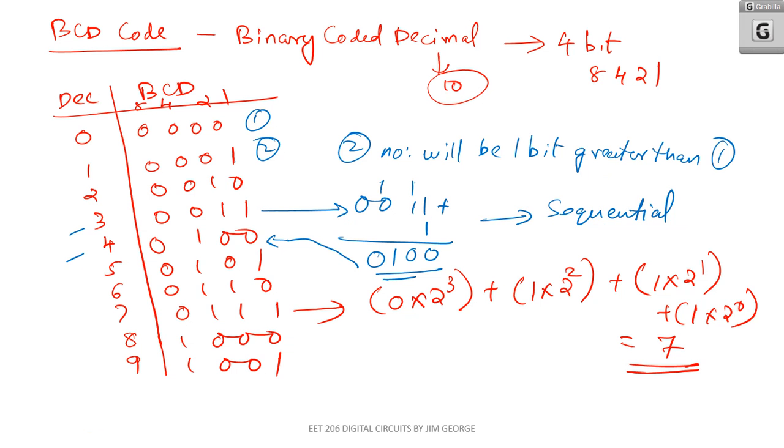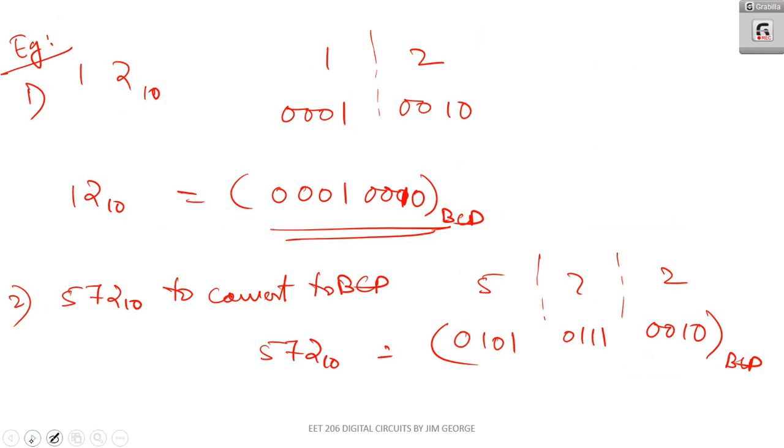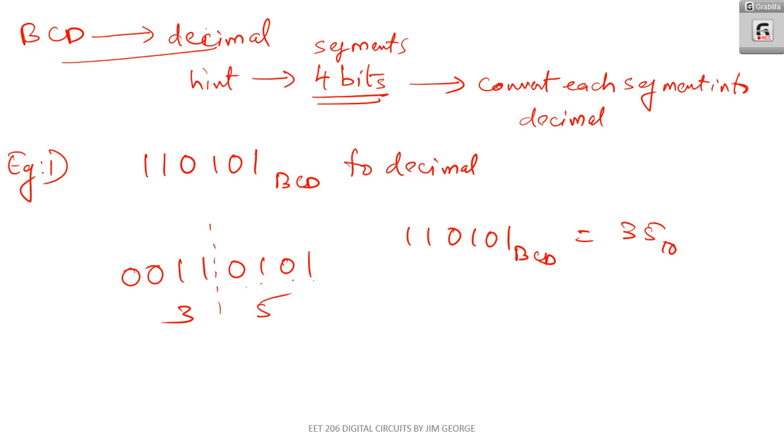Now I have already explained how you get the sequential code and the corresponding decimal number, and I have shown some examples to convert a decimal number into a BCD code, as well as a BCD code into a decimal number.